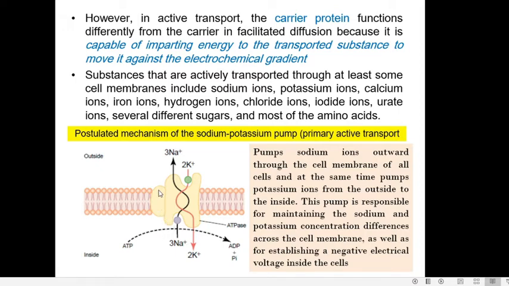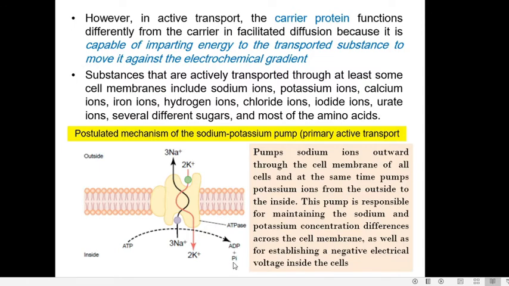So, here this pump is the carrier or the permease which is transporting sodium and potassium ions, and for deriving energy for this particular process, it has an enzymatic activity. It has a portion that has ATPase activity. What is ATPase activity? It is able to break down ATP into ADP and inorganic phosphate, thereby deriving energy.